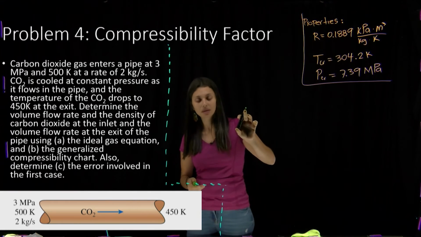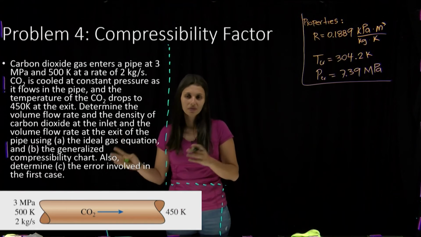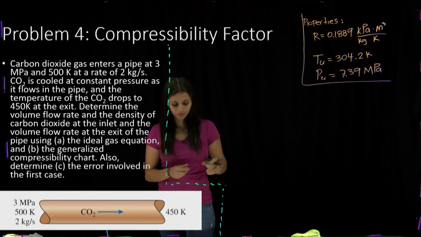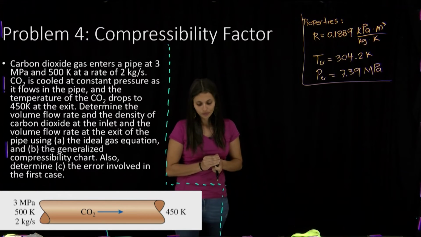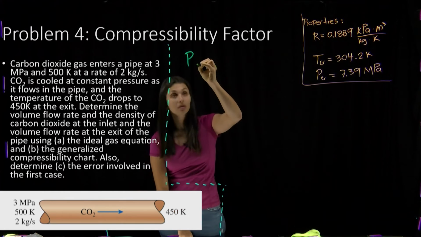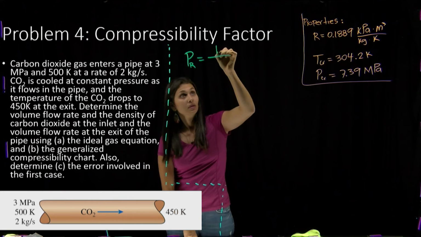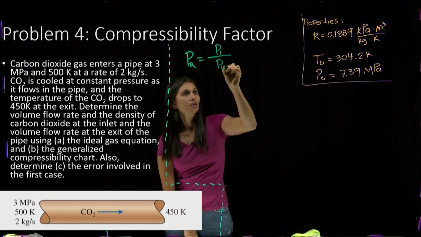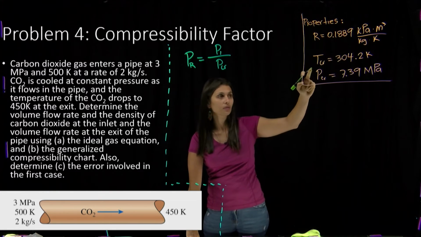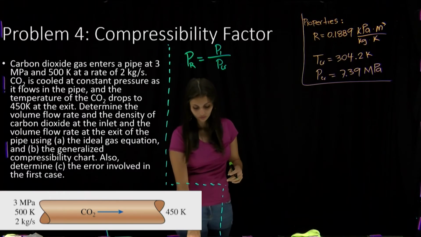And basically what we'll do is just determine first what's the compressibility factors for the inlet conditions and then the outlet. And so for that we have the pressure here, this should equal P critical. And this is the reason we look for these properties at the beginning of the problem.